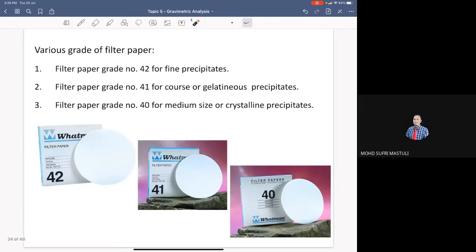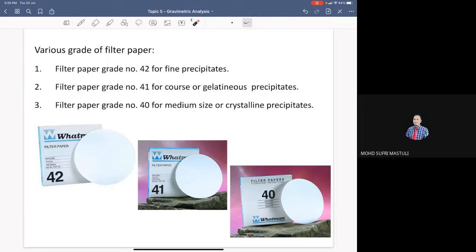So we can have various grades of filter paper, depending on the purpose. If we want to filter a very fine precipitate, we use grade number 42. For a precipitate that looks like gelatin, we use filter paper 41.